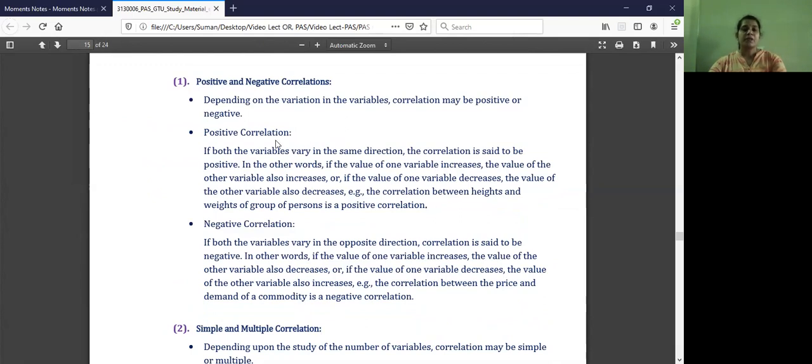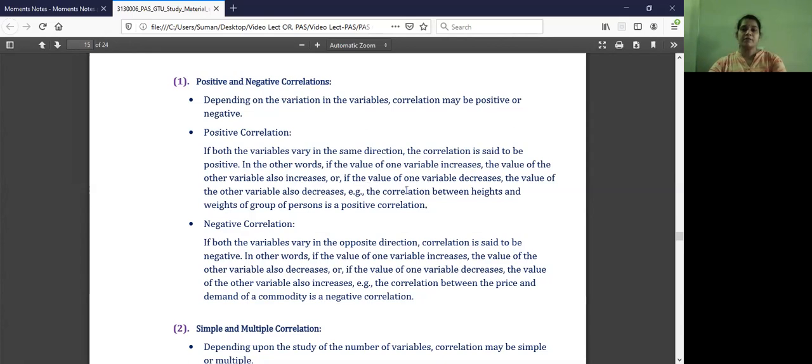First is positive correlation. If both the variables vary in the same direction, listen carefully, if both the variables vary in the same direction, the correlation is said to be positive. In other words, if the value of one variable increases, the value of the other variable also increases.